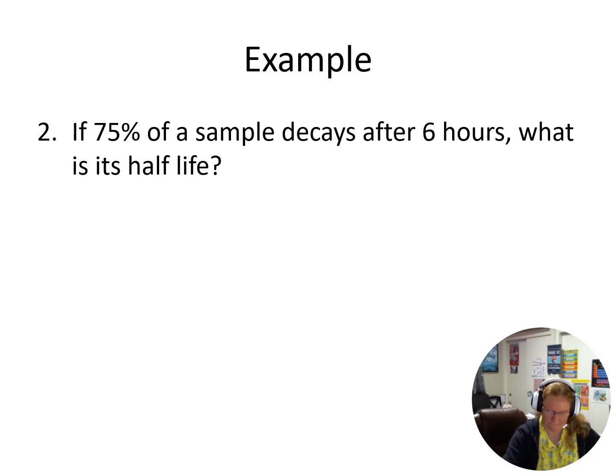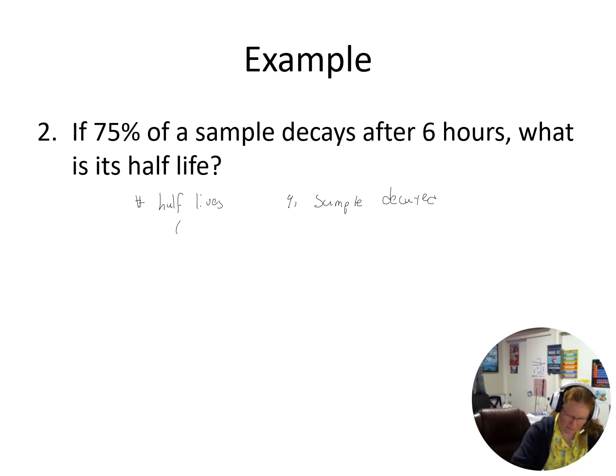Here, I have 75% of my sample decayed after 6 hours. What is its half-life? At 0 half-lives, 0% of my sample is decayed. After 1 half-life, 50% of my sample is decayed.